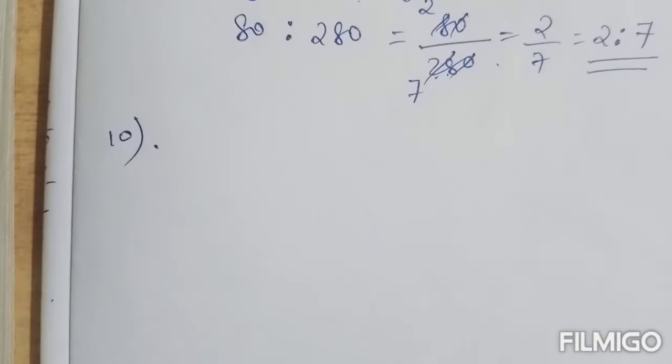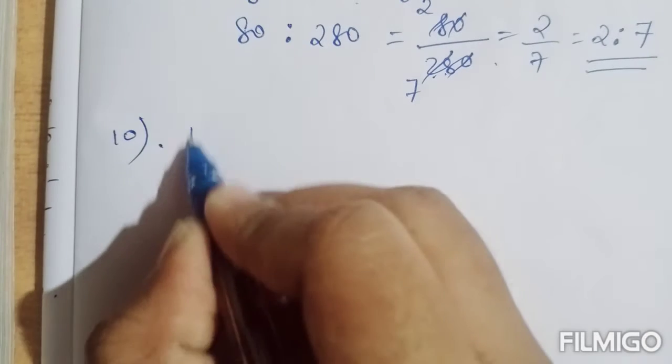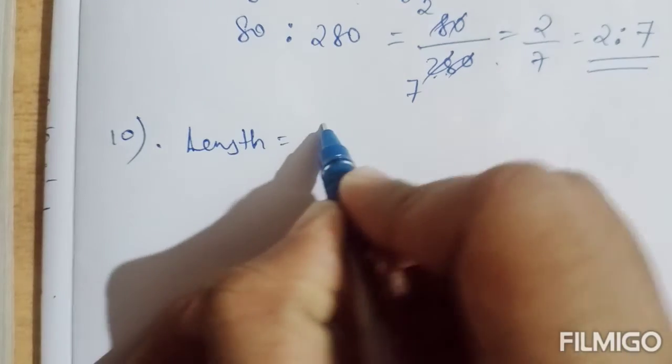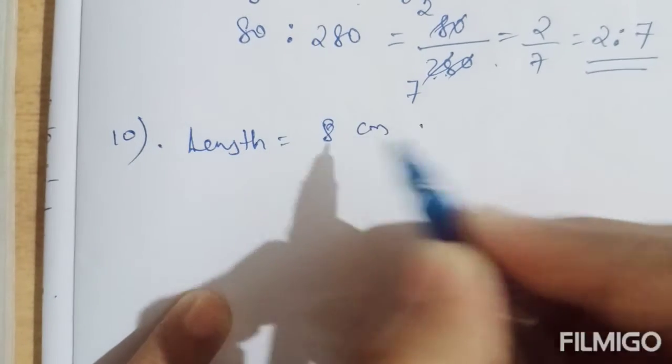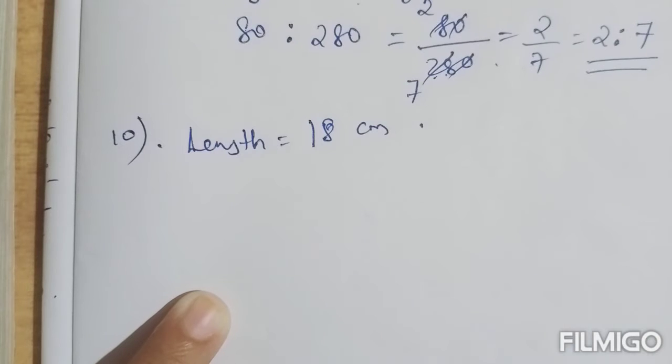Okay. 10th question. The length of a pencil is 18 centimeter and its radius is 4 centimeter. Find the ratio of its length to its diameter. So length of a pencil, it is given 18 centimeter.